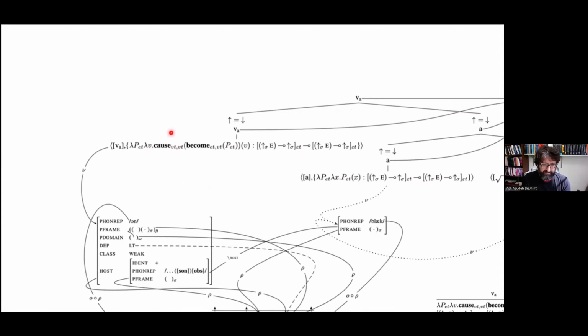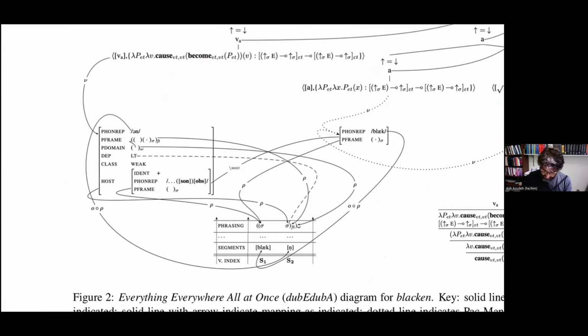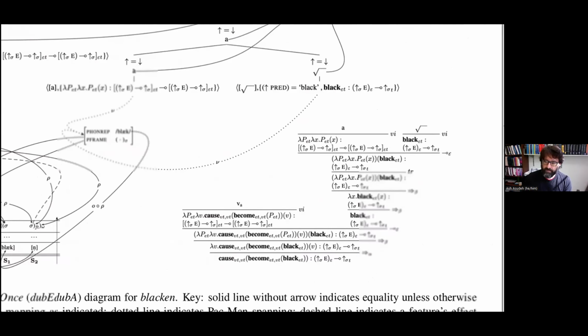And I'm also going to add this information about cause and become to it. Okay. This is just what I showed you before. So this is all the upper path in the architecture mappings. And this is the glue proof that shows that for blacken specifically, we derive cause to become black as the interpretation. Okay.